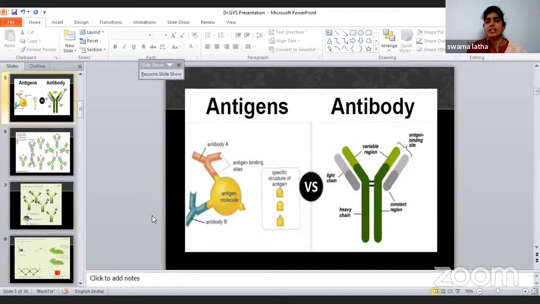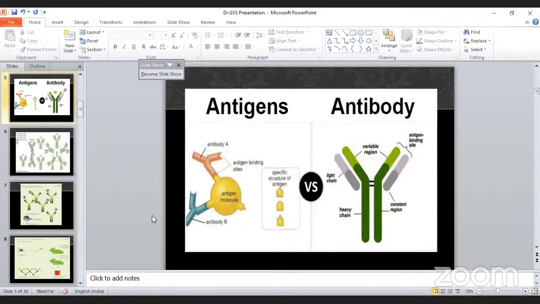If it has entered the body, then we can call that particular thing an antigen. This antigen has one important property. What is that property? It can generate an immune response, or it can immunize the host cell. Here one point you should remember: an antigen will be a whole structure, right?